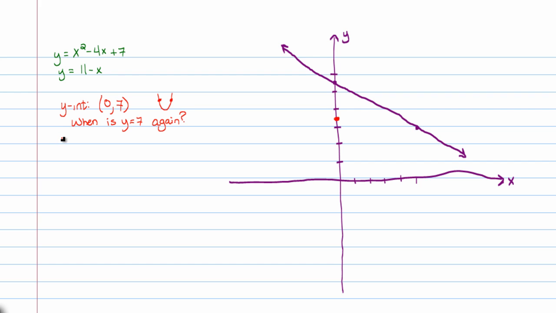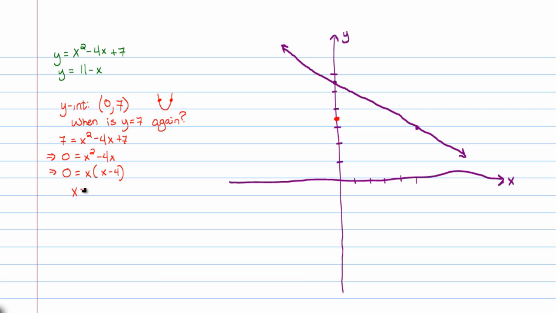So I'll go ahead and let y equal 7. And as always with this method, when you try to solve this quadratic equation and you subtract 7 from both sides, all constant terms disappear. And now you can just factor the right-hand side, and you get this beautiful x times x minus 4 is equal to 0, which means that we have two objects multiplying to become 0.